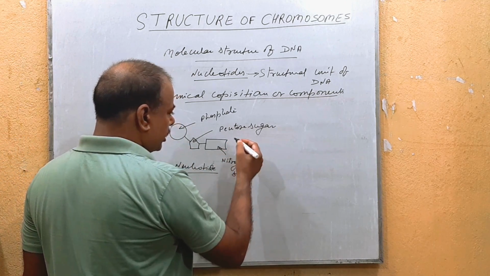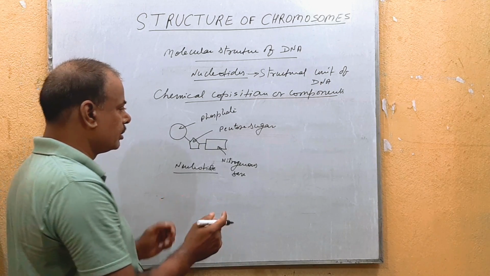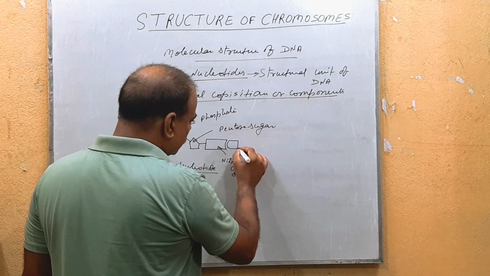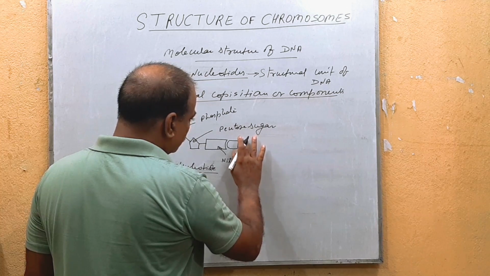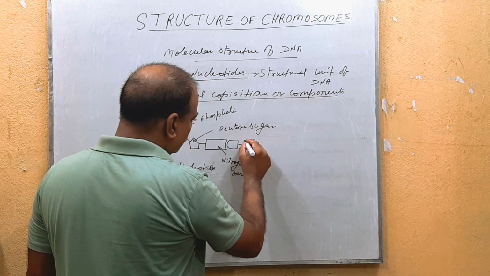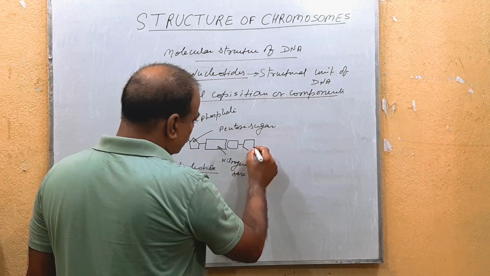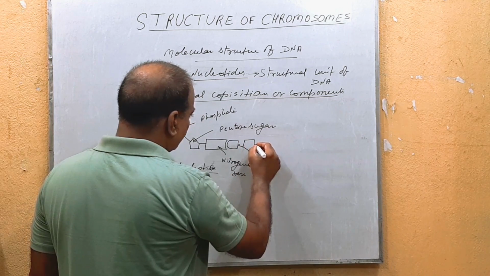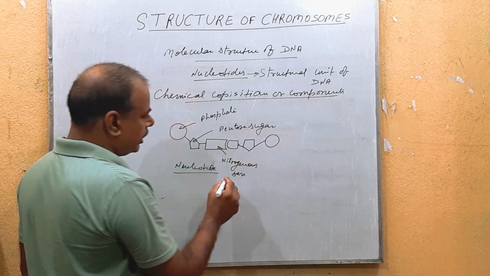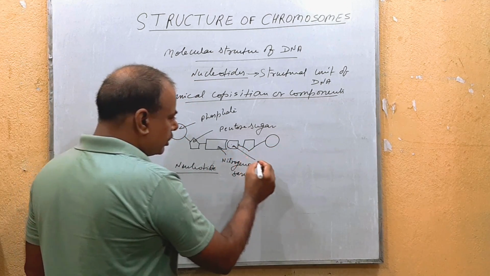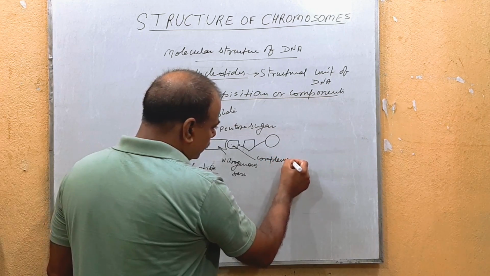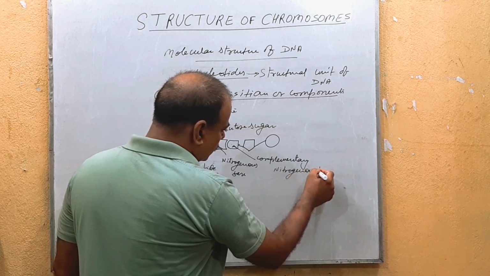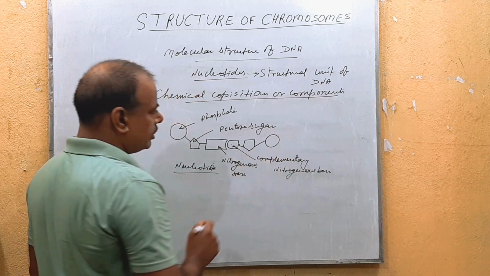Now again, the second nucleotide which is combined together, here again it is complementary: nitrogenous base, pentose sugar, and again phosphate.